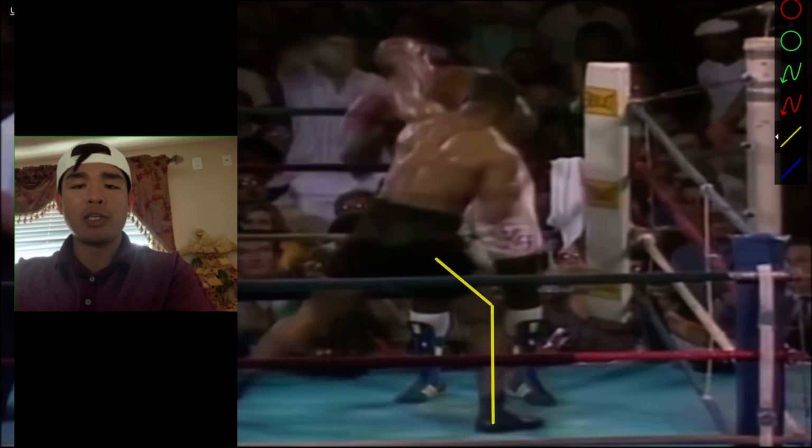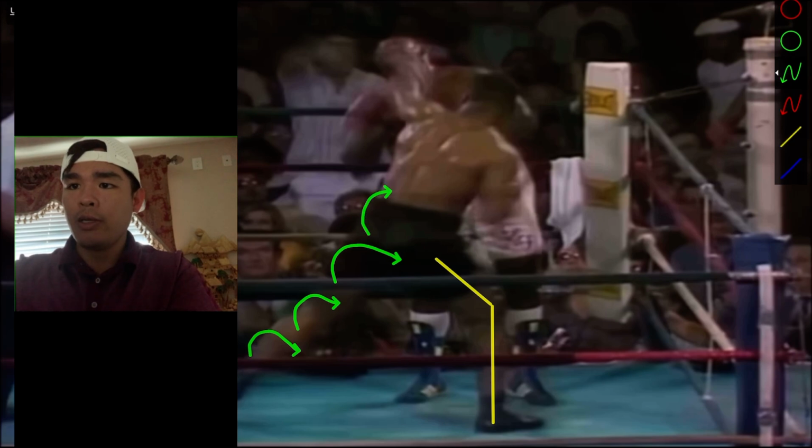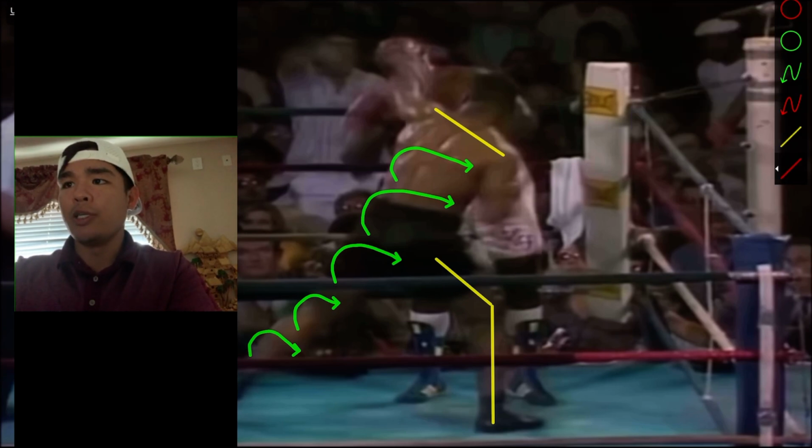So if you guys watch the other videos, it's very similar. His whole body is rotating this way, right? And you can see that because of the level of his shoulders rotating this way. And this is producing a punch out this way, giving him a nice stiff jab to the face, right?